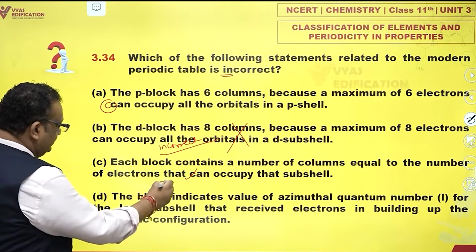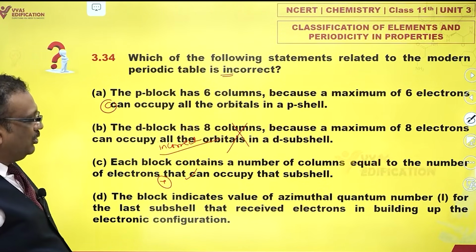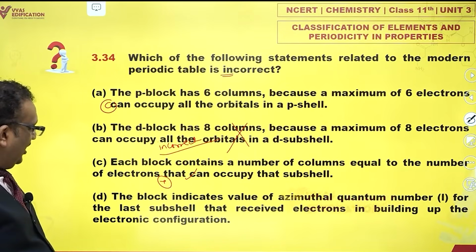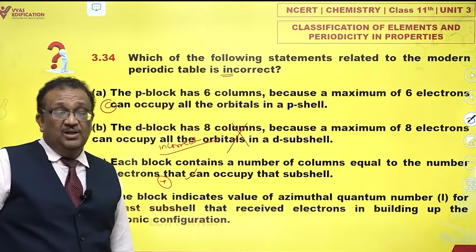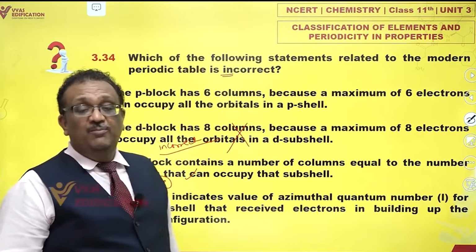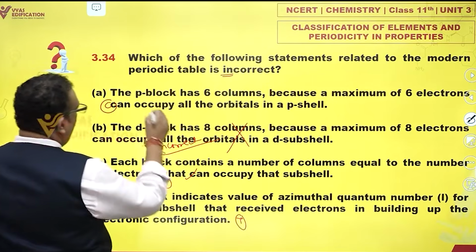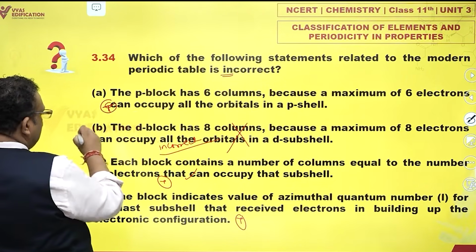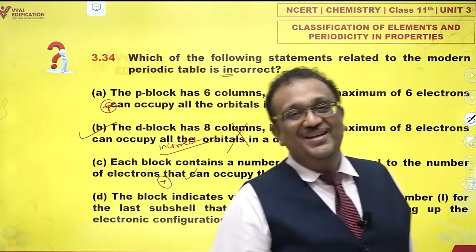This is true. And the block indicates the value of azimuthal quantum number L for the last subshell that received electrons in building up the electronic configuration. Yes, that is why we have S block, P block, D block and F block. This is also true. So B is the answer. Yes, B is the answer.